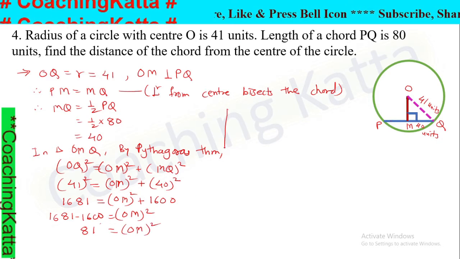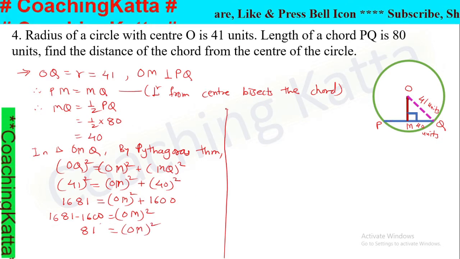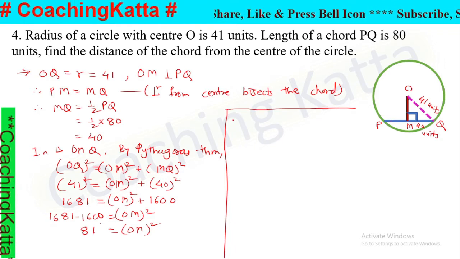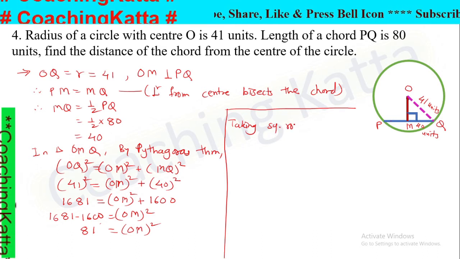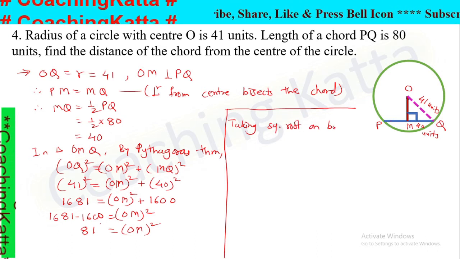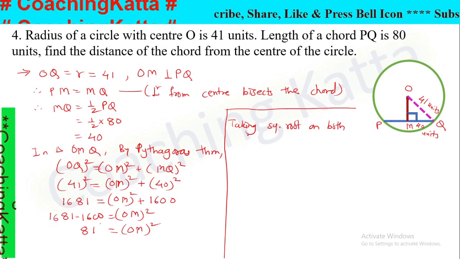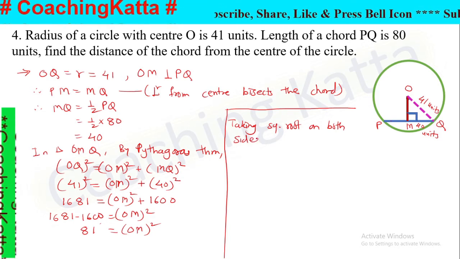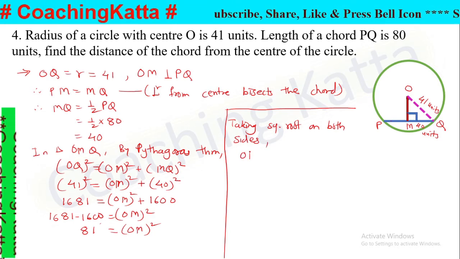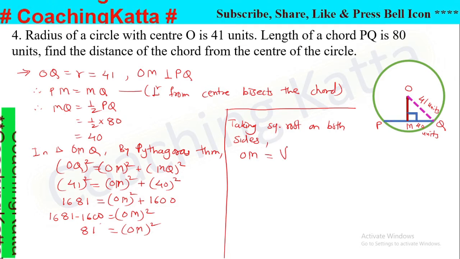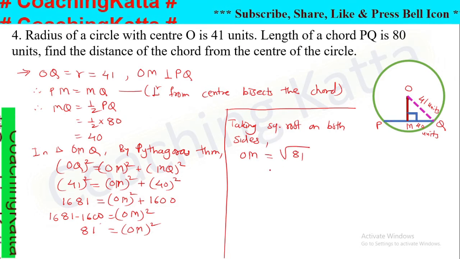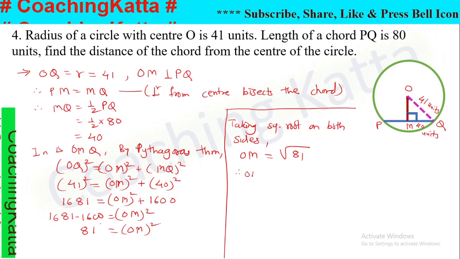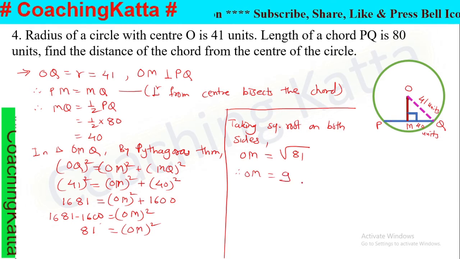Now taking square root on both sides, we get OM equals root 81, and root 81 means 9. Therefore OM equals 9.